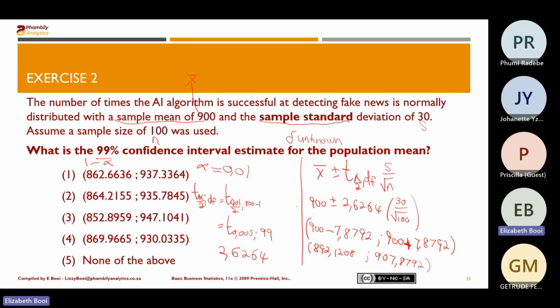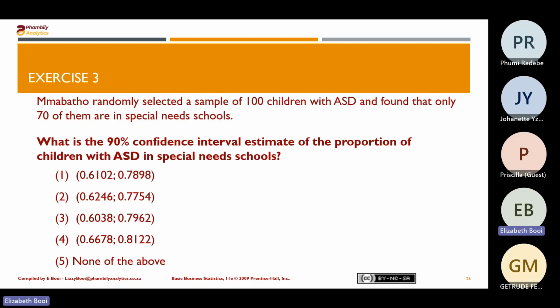Oh, they typed something wrong, but it doesn't look like they typed anything wrong. It's just all of them. It's none of the above. Okay, we're not going to dwell on that.